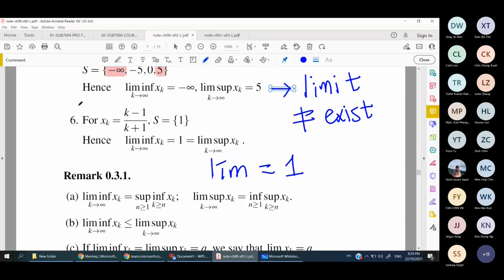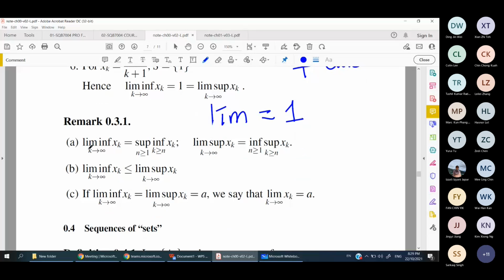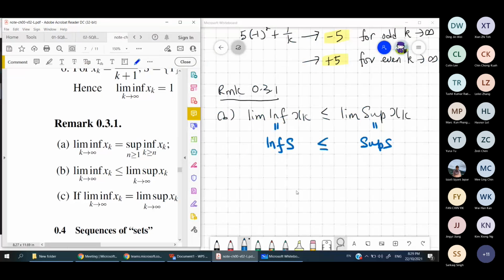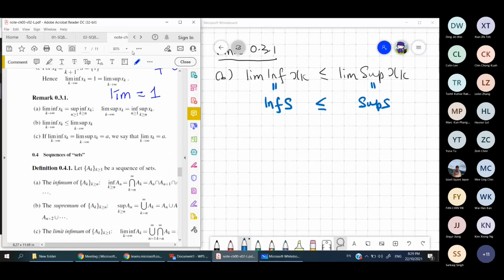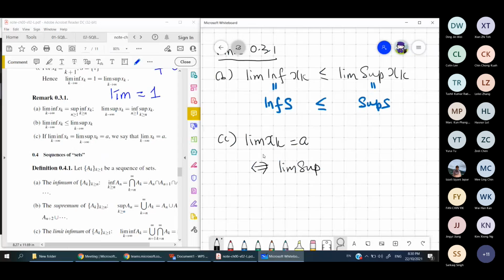Okay, so we have a very simple criterion to check whether the limit exists or not. That is, we can use this method to verify it. So this is one of the simple criteria to check. Limit of xk equals a, provided limit supremum of xk equals a, which is also equal to limit infimum of xk.